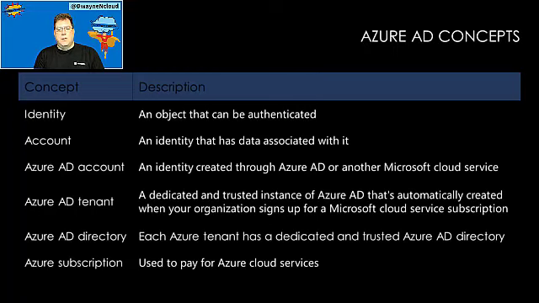And then we have our directory, which is that trusted tenant as well as the Azure Active Directory. So that's ultimately your domain, your .onmicrosoft.com with your company name in front of it, that directory. And then you have your subscription, which is what's used to pay for those services. So you have that as your highest level.